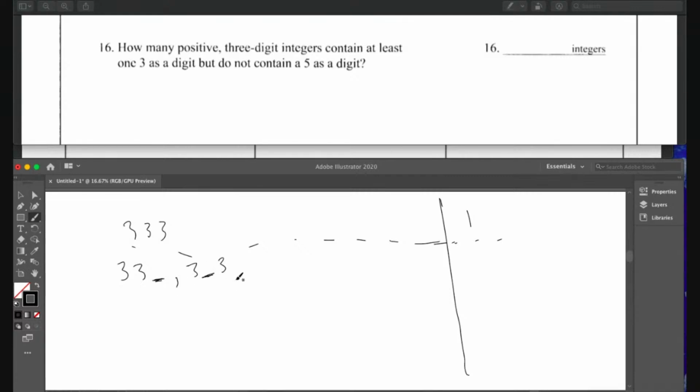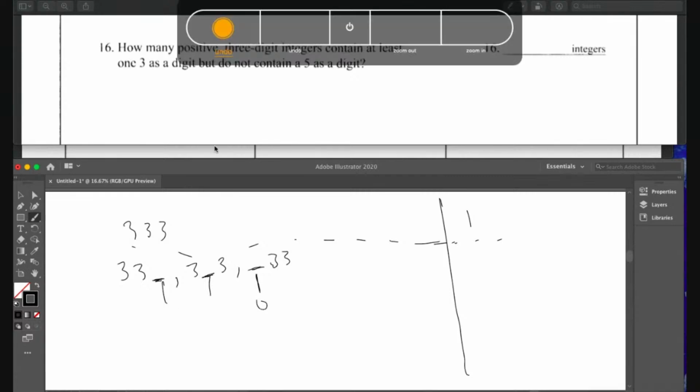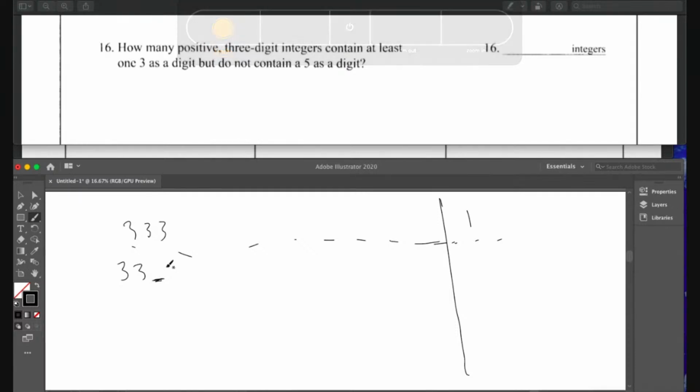But the case where we have a non-3 digit in the hundreds place, and then threes here, is not the same case, because the hundreds digit can't be 0, whereas these places can have 0. So this is a separate case from these two cases. I'm going to put this one here, and we need to multiply this by 2 at the end.